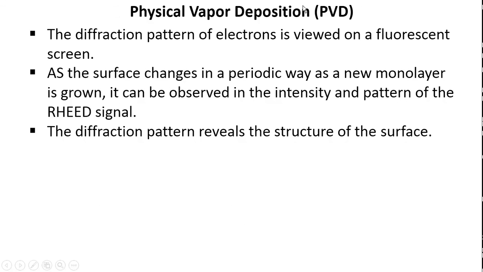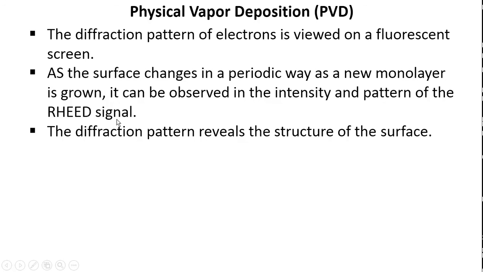The diffraction pattern of the electrons is viewed on a fluorescent screen, as I told you already. The surface changes in a periodic way as a new monolayer is grown, and it can be observed in the intensity and pattern of the RHEED signal.